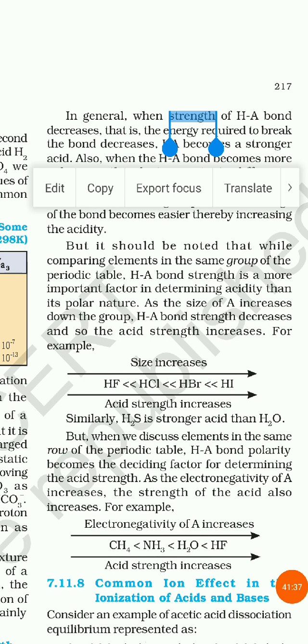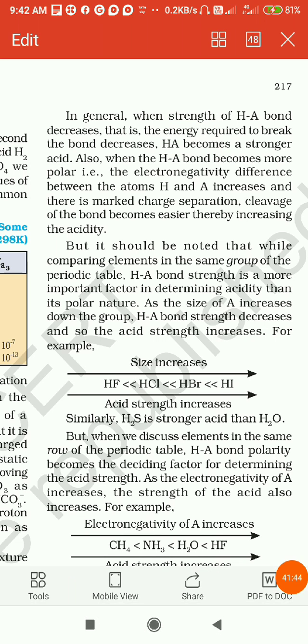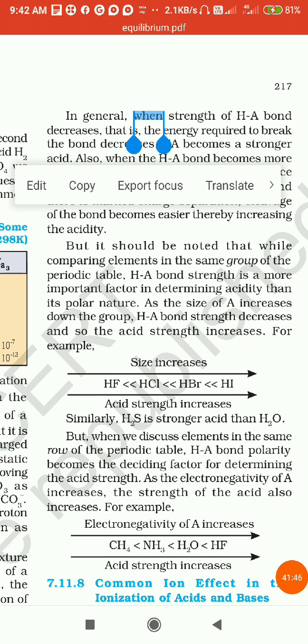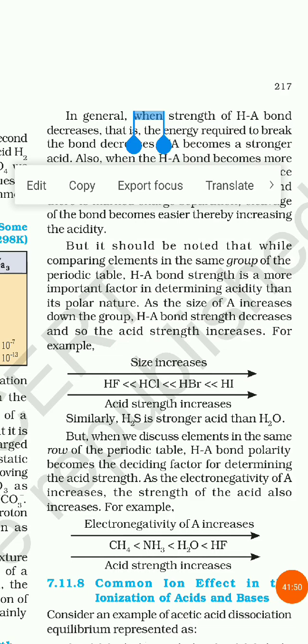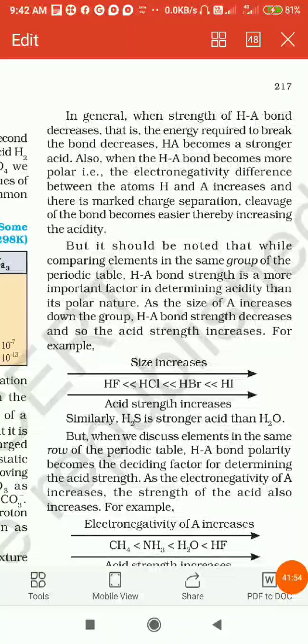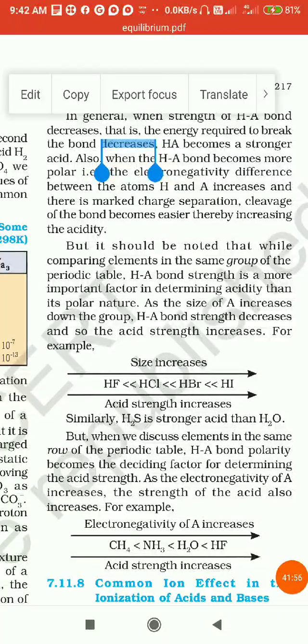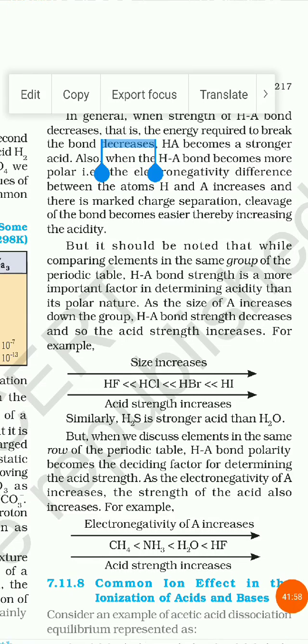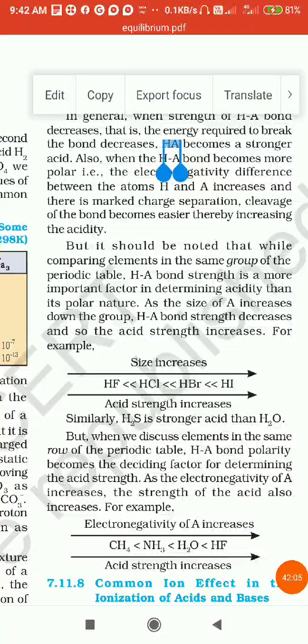If you apply less energy, you can't dissociate that bond. So simply understand this point: when the strength of the H-A bond decreases, the energy required to break the bond decreases, breaking of the bond becomes easier, and HA becomes a stronger acid.